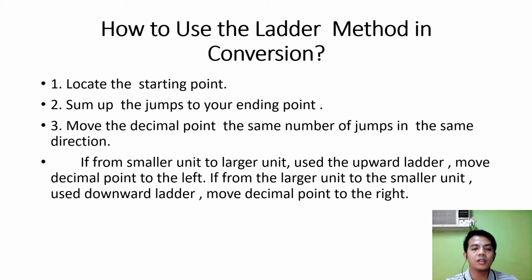If going from a smaller unit to a larger unit, use the upward ladder, and move the decimal point to the left, like this one. If going from a larger unit to a smaller unit, use the downward ladder, then move the decimal point to the right.